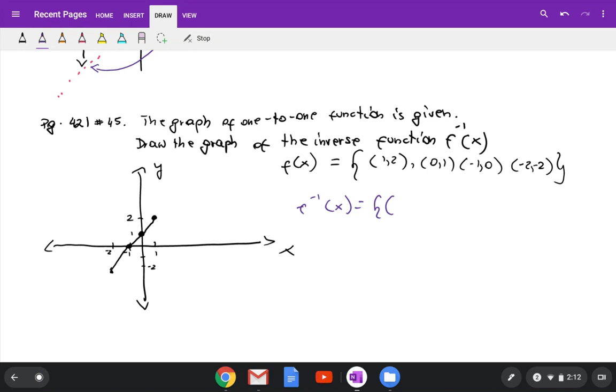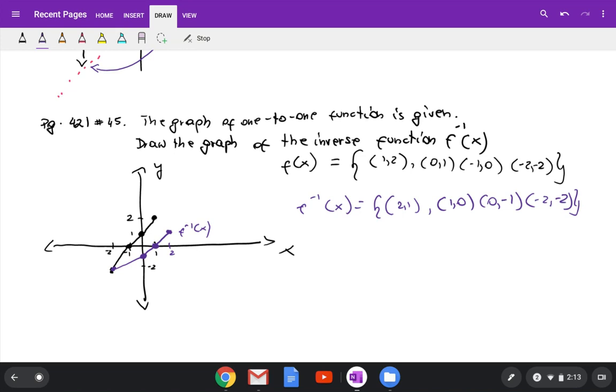So the inverse function will have the points 2 comma 1, 1 comma 0, 0 comma negative 1, and negative 2 comma negative 2. Okay, so this is the inverse.